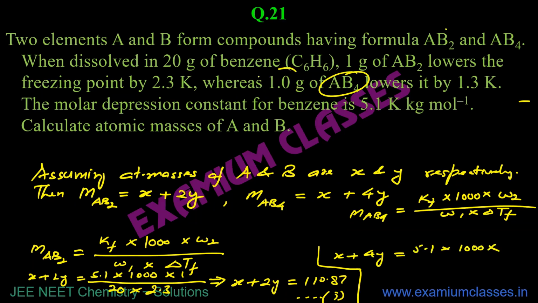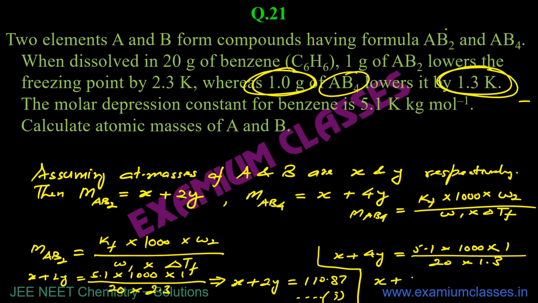Again, it is 1 gram of AB4, solvent is the same 20 gram, and delta Tf in this case is 1.3. When you solve, you will get x plus 4y equals 196.15. This is the second equation.